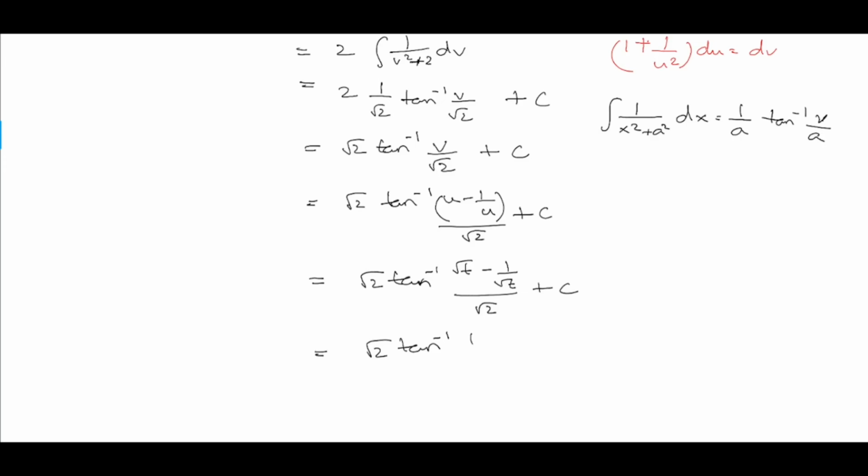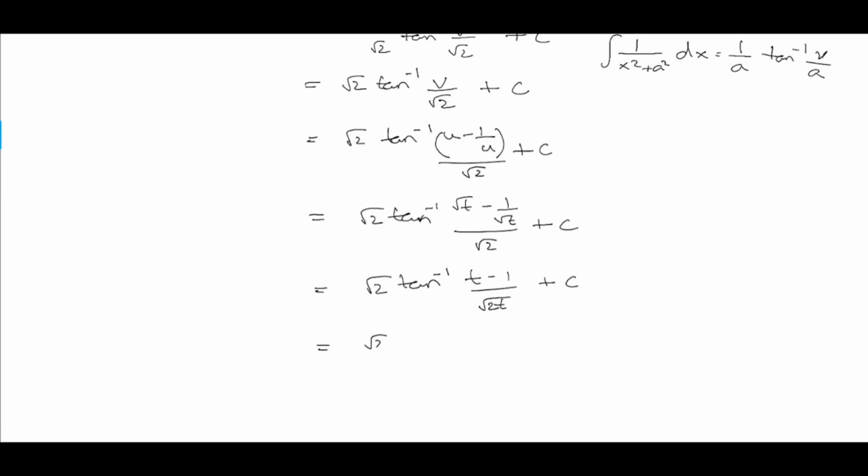I'll take care of this real quick, so t minus 1 by root over 2t plus c. Root 2 tan inverse, and my t was tan x, if you can remember: tan x minus 1 by root over 2 tan x. That's right. I'm not sure if we can simplify this further. I think we can, actually, but let's just leave it there. This is already pretty complex.